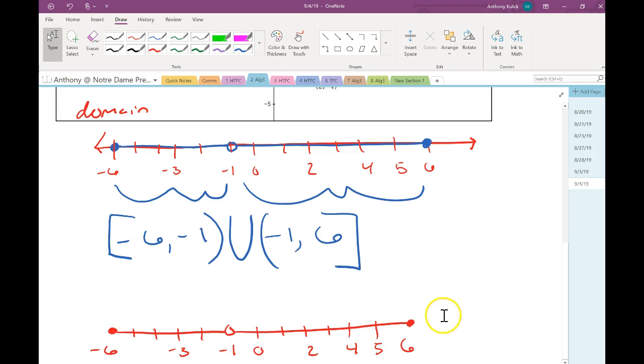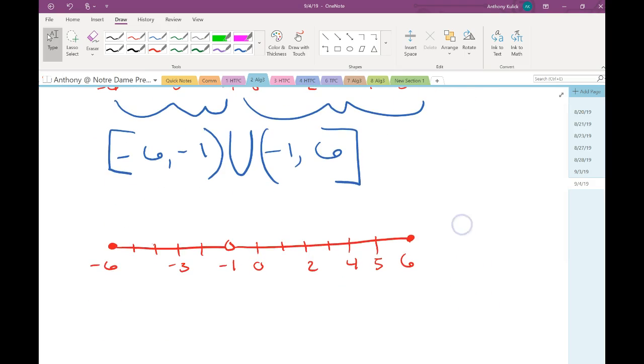I'm only going to care about the segment of the number line that represents my domain. And I'm going to redraw this a bunch of times, so I'm just going to copy and paste it so I can do it a bunch of times. So the first thing I'm going to do is maybe let's do the positive, negative, 0. Sound good?